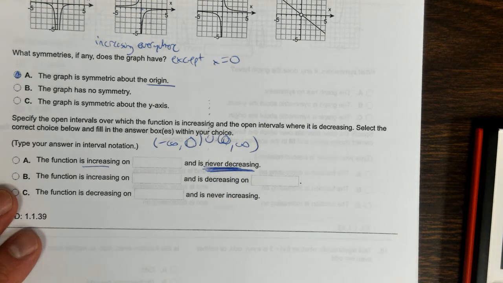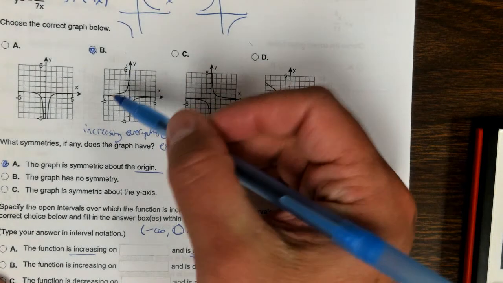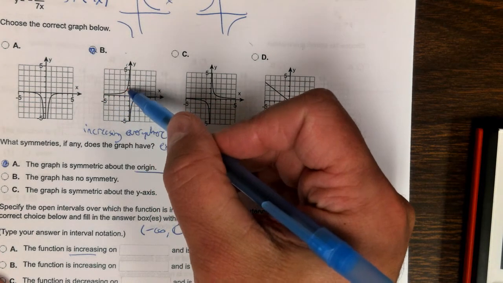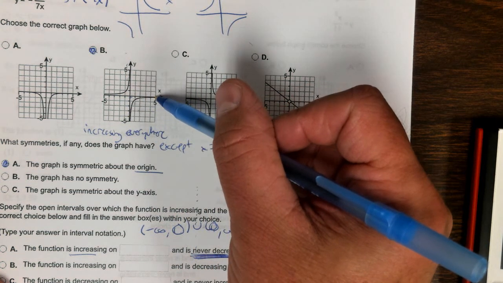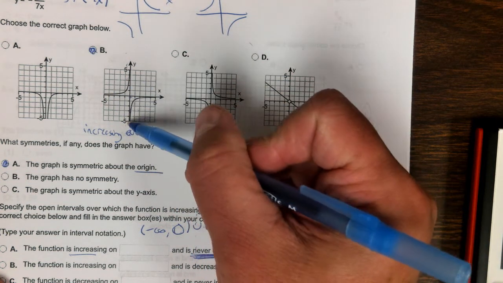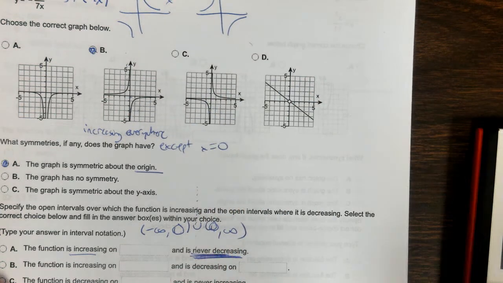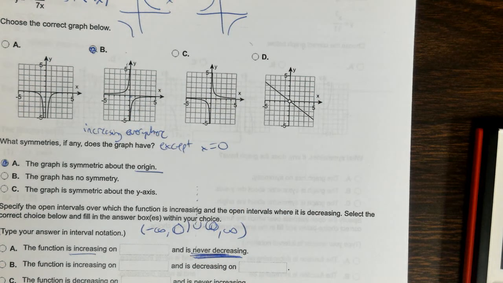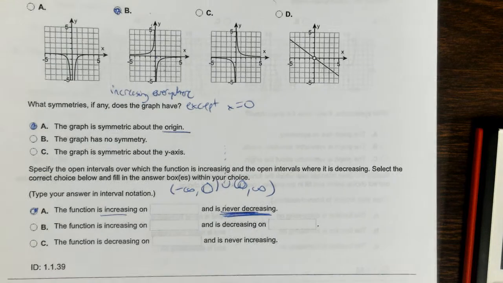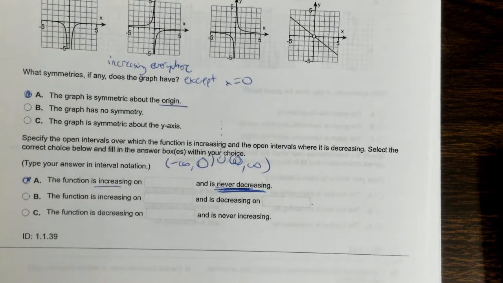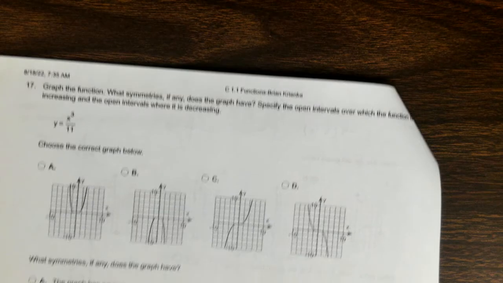Because even though it's going at different rates, so to speak, like this is going slow, then it's going fast, and this is going fast and then it's slow, they're both generally going up, even though it's not a continuous function. So that's A. All right. Just a few more.